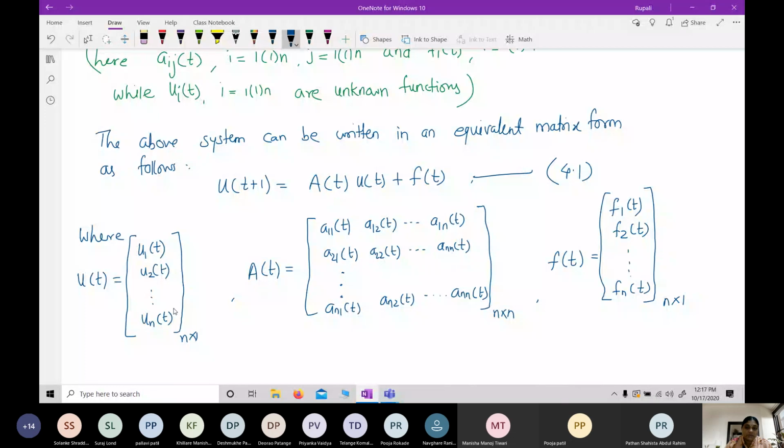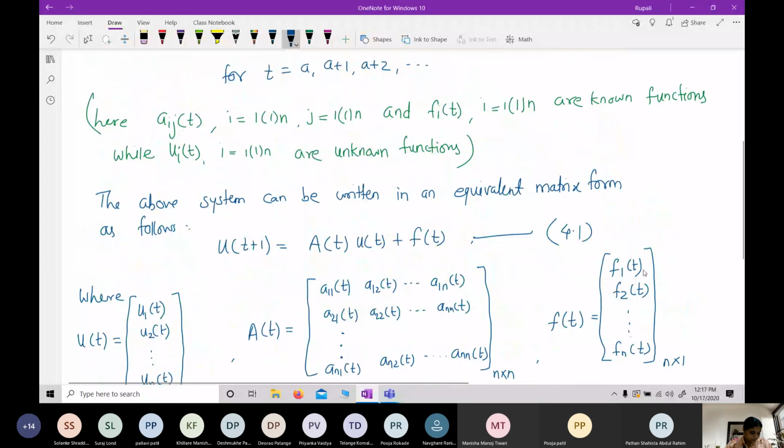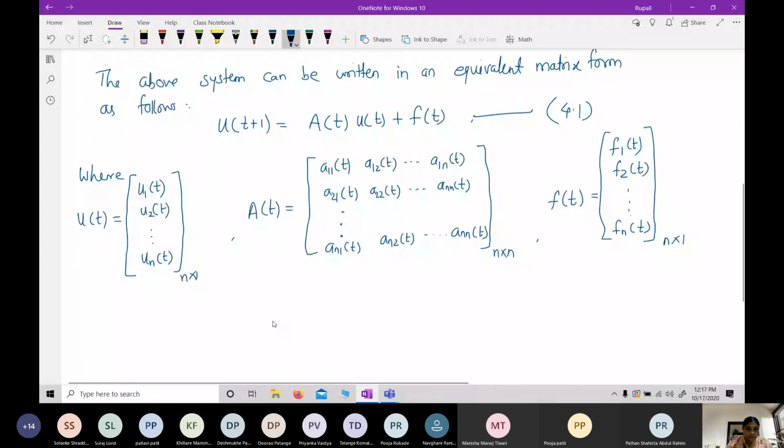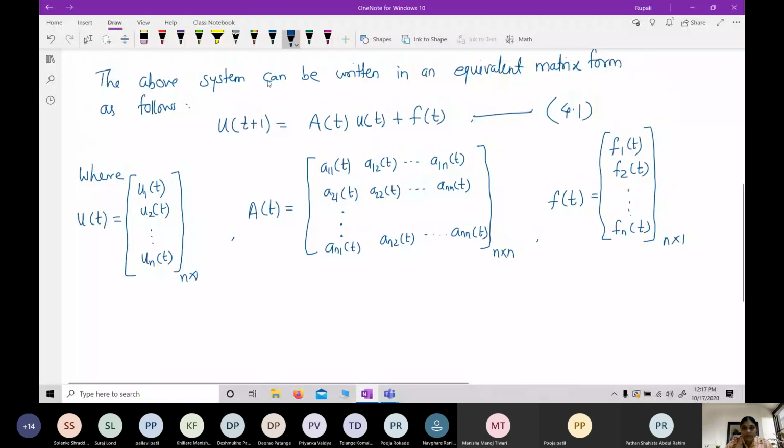That will be my first equation, and then plus f1t. Is that okay? So whatever 4.1 I have written is not only one difference equation, actually it is system of n difference equations in n unknowns.